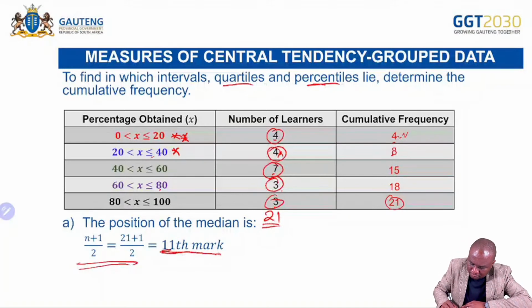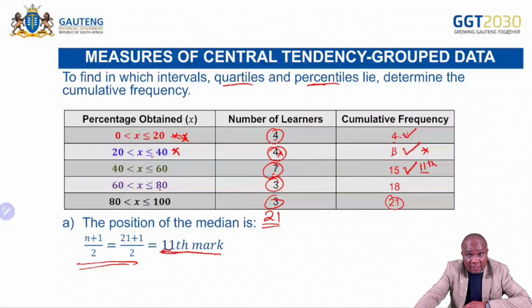Now here is up to the 4th mark. Here is up to, take note, I'm using the word up to, the 8th mark. And then here it is up to the 15th mark, meaning that the 11th mark is here, because here we have up to the 8th, we haven't reached the 11th mark.